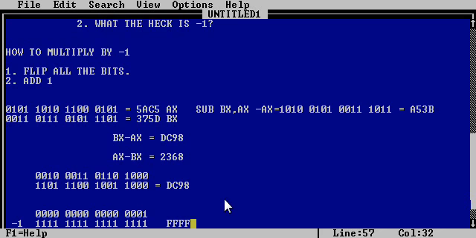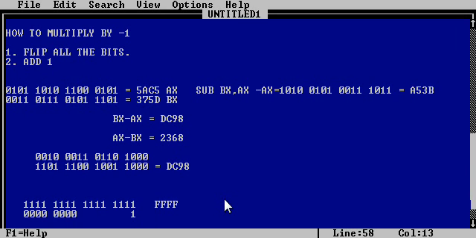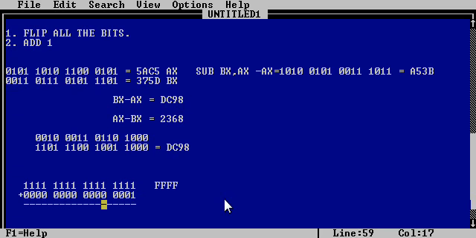And this is pretty clear that if I add 1 to this, I'm going to get 0. 1 plus 1 is 10, because I carry. 1 plus 1 is 10, and I carry.